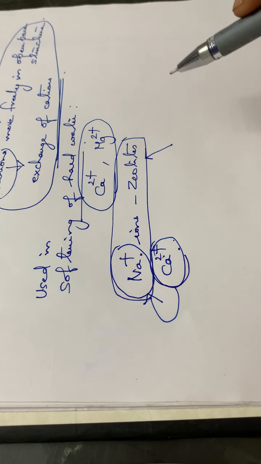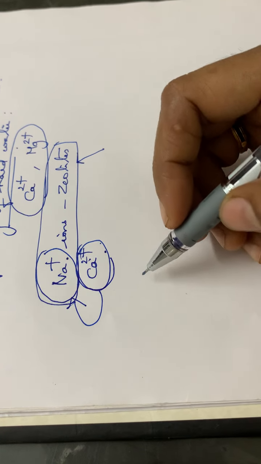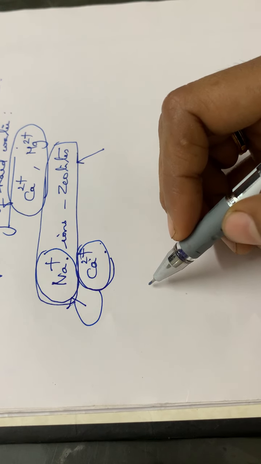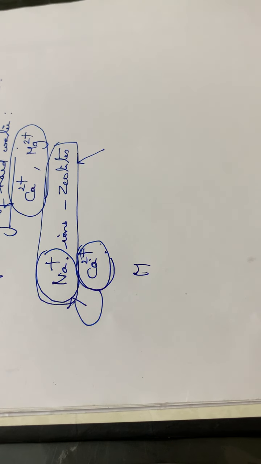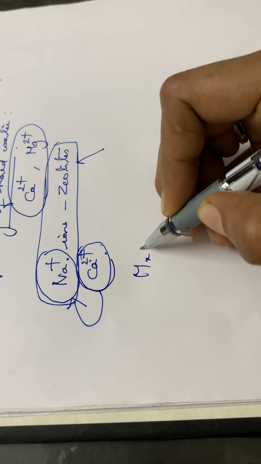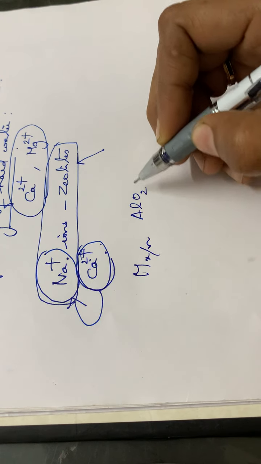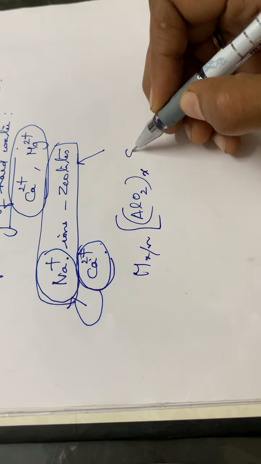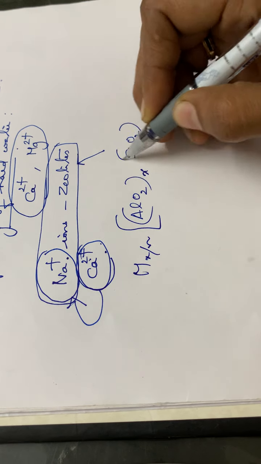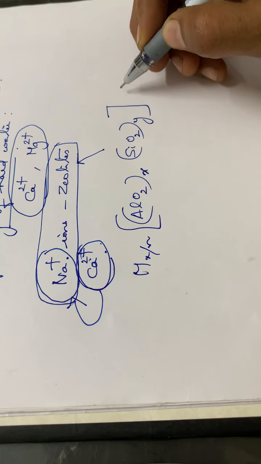And also the general formula for the zeolites will be like this: M x/n, then (AlO2) x times, then (SiO2) y times, then ZH2O.